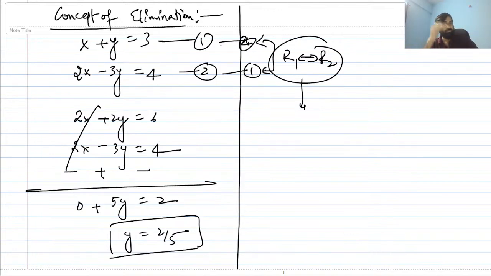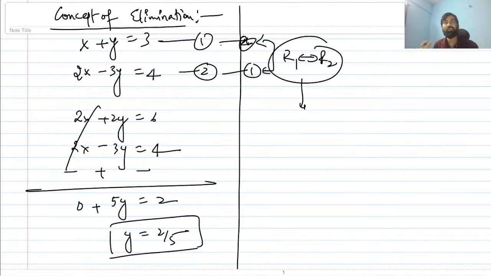And I am explaining from the very basics, because many students have a lot of confusion about why we apply elimination, why we apply R1 minus R2, R2 minus R1. They only understand that we have to reduce it to echelon form, that's what we do.